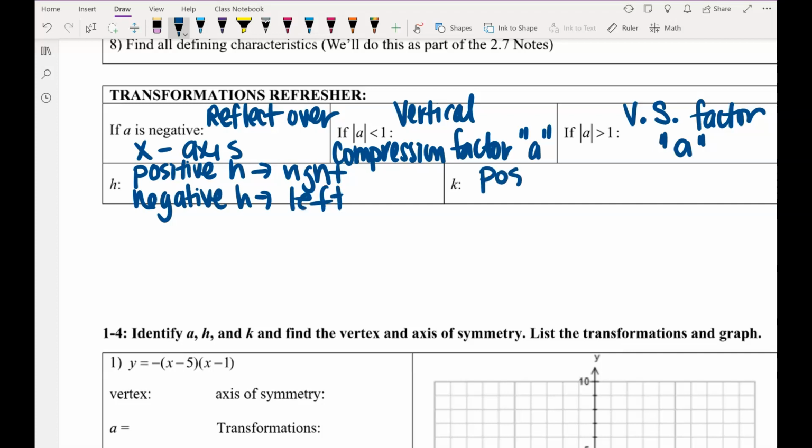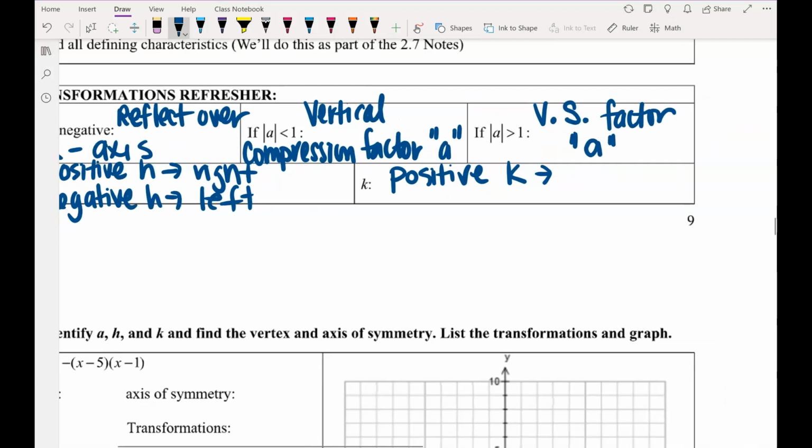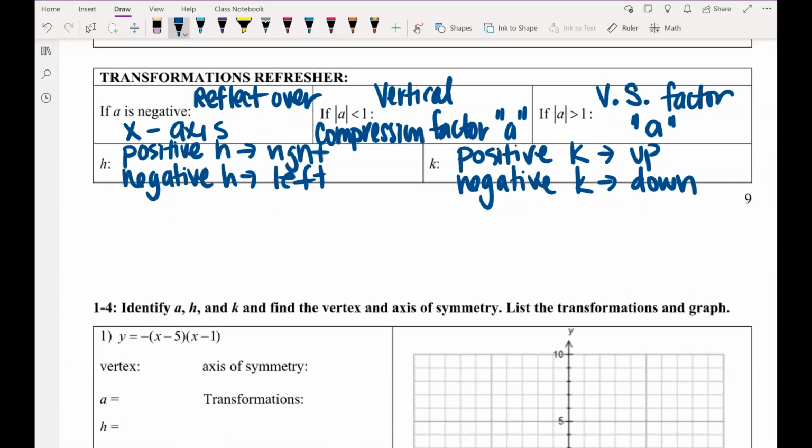Then k, if we have a positive k, Hannah, what direction is that? Up. Tyler, if we have a negative k, what direction is that? Down. Perfect. Awesome. All right, let's do examples 1 to 4.